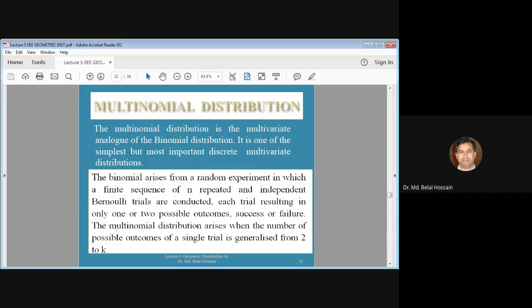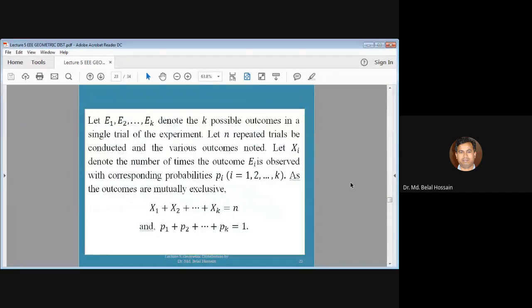But the multinomial distribution arises when the number of possible outcomes in a single trial is generalized from 2 to k. So that is the application of multinomial distribution. The outcomes can be more than 2 up to k. So this is another discrete distribution. Forget not, we are learning the discrete distributions.